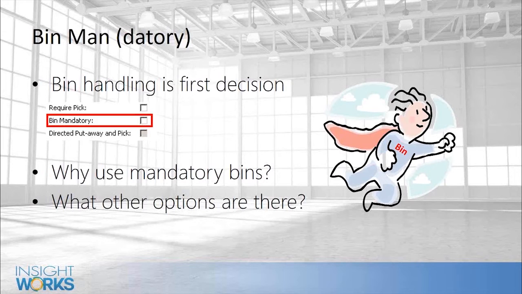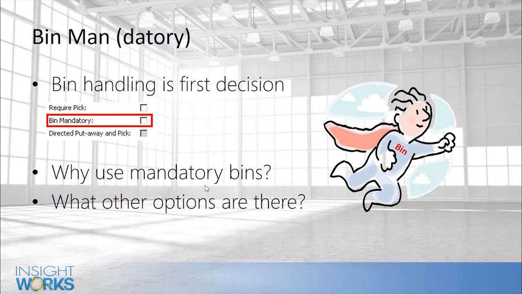And we can extend that further and say I know exactly which serial numbers or lot numbers I have in each bin. But the basics are, with bin mandatory, I know where the product is in the warehouse. If I don't have that turned on, I can use a shelf number on the item card or the stockkeeping unit card to indicate where that product lives. But it's not going to tell me how many of that product are in that particular spot in the warehouse. I don't like to use the word location, that spot in the warehouse.